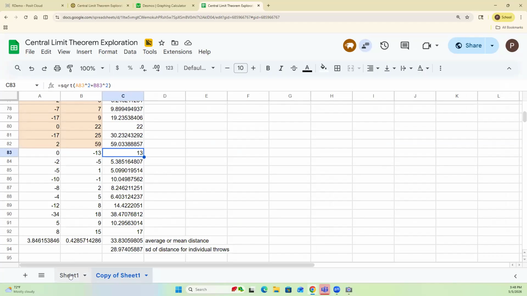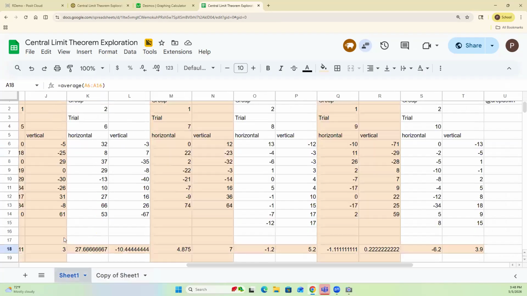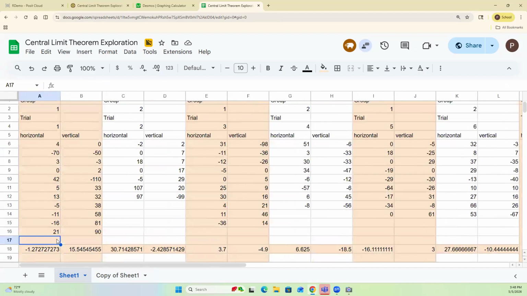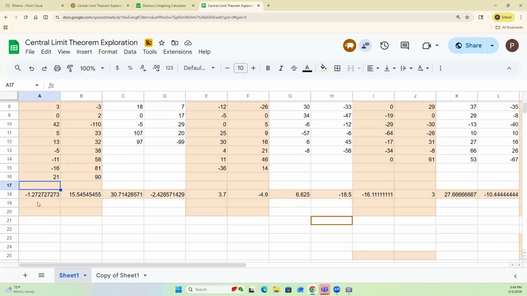Now let's go back. How am I going to do this? This one's going to take a little longer, I think. No, it's not so bad. Okay, that's how far away that average throw was there. And so now I can do this and replace it.